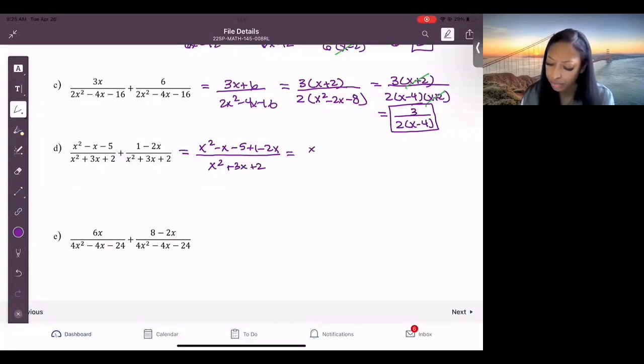Simplifying the numerator gives us x squared minus 3x minus 4. And our denominator is still x squared plus 3x plus 2. Factoring the numerator and denominator gives us x minus 4 times x plus 1 over x plus 2 times x plus 1.